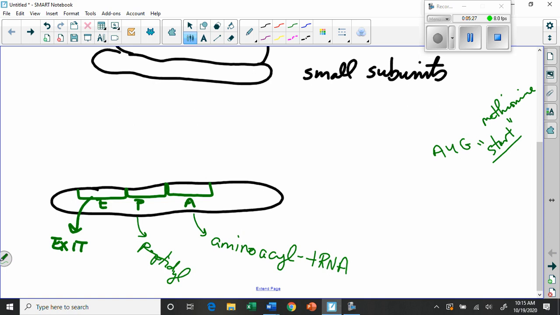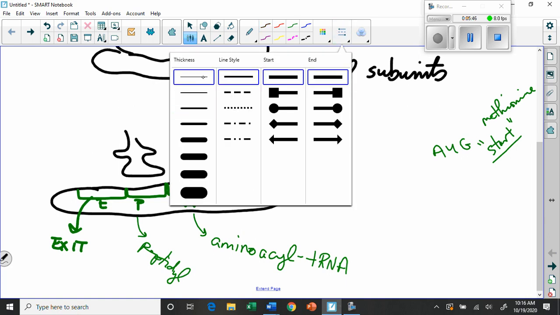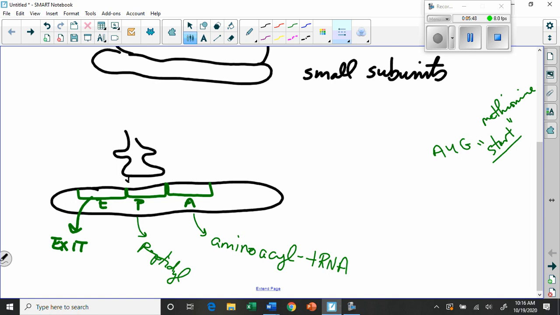So the first thing that sort of happens, and I'll do this in stages, and I guess I can draw the transfer RNA, something like that. This is the start codon. So it's going to come into place here. Let me put some little arrows showing that it's sort of binding at this site.